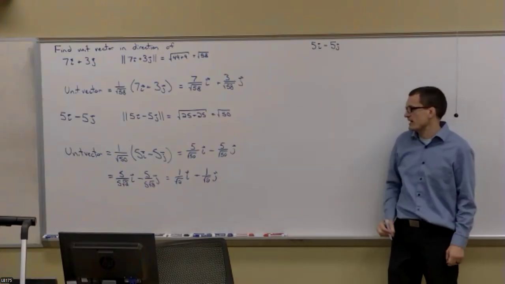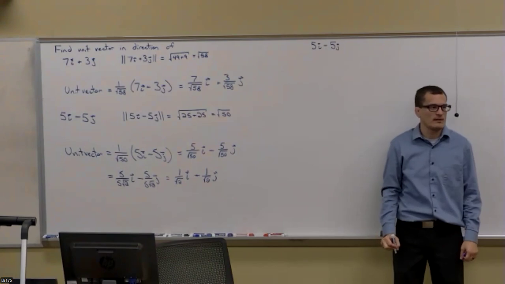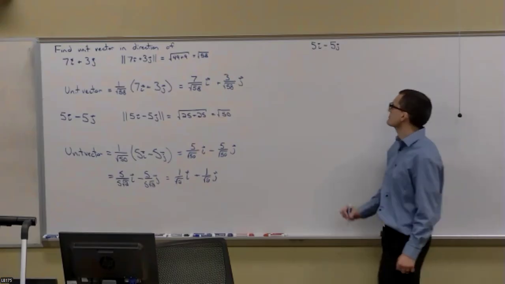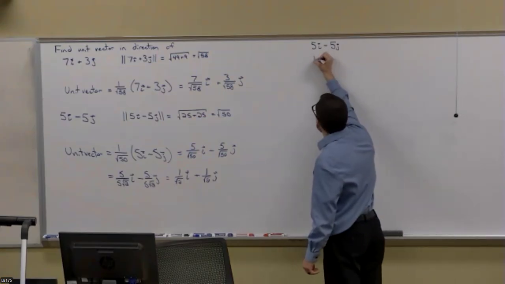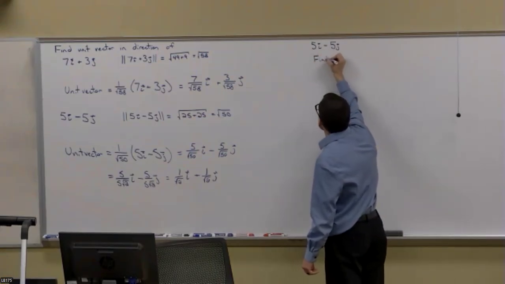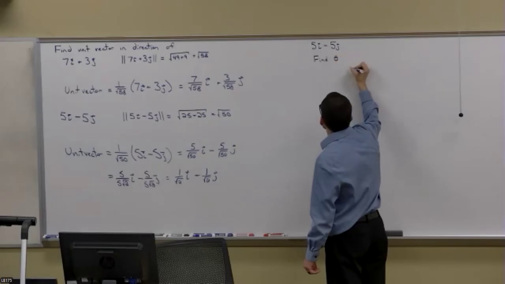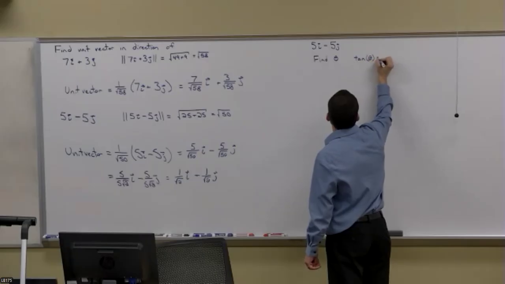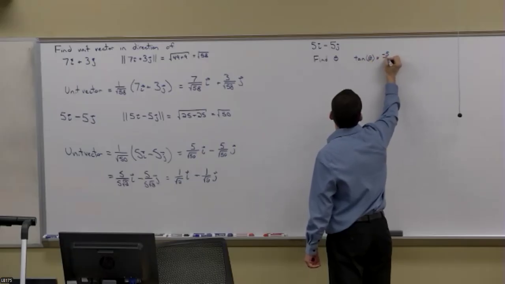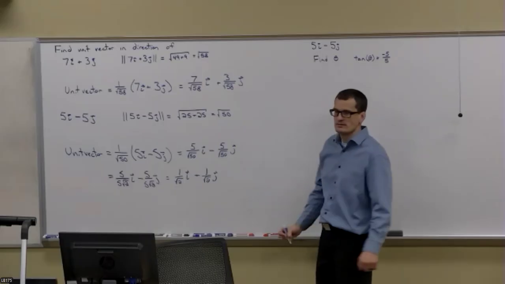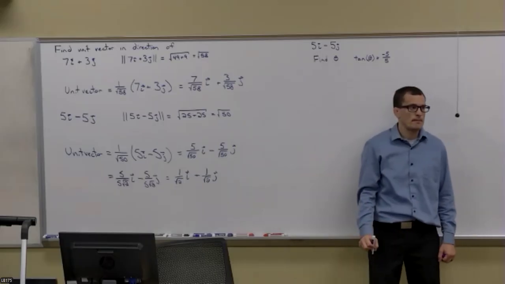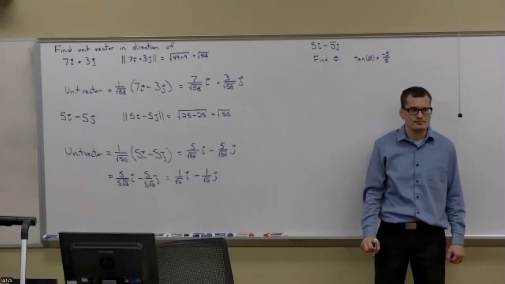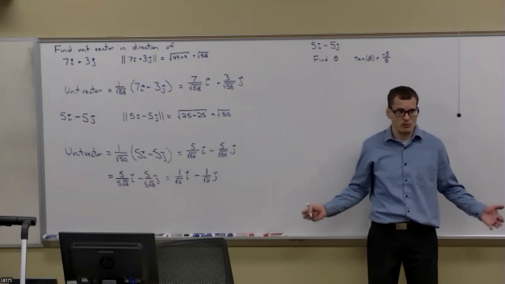And we found the unit vector, 1 over root 2 i minus 1 over root 2 j. You could have also found the theta by saying that the tangent of theta is going to be negative 5 over 5. You see what I'm doing there? Negative y value over x value. It's negative because the y value is negative.